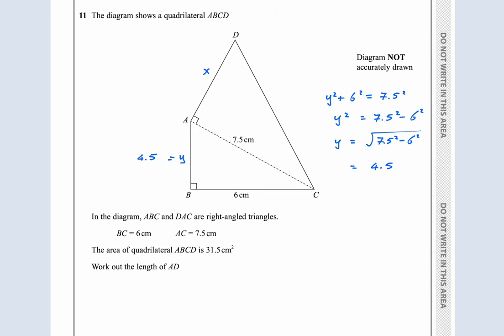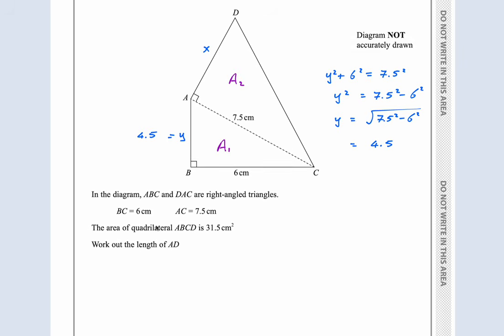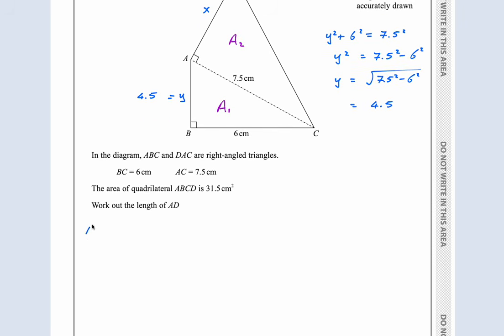Okay, so this guy's area, let's call it area 1. Let's call this area 2. Let's just move down a little bit here, guys. Area 1 is equal to 6 times 4.5 over 2. It's the area of a triangle, base times height divided by 2. 6 times 4.5 divided by 2.